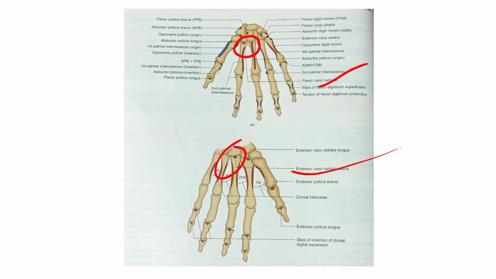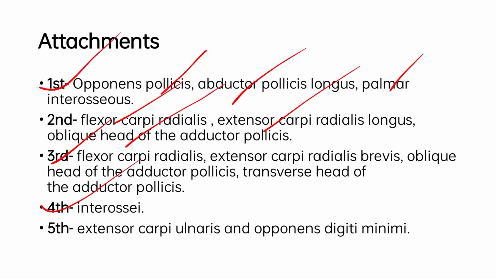The opponens digiti minimi is inserted on the medial surface of the shaft. Moving further. So these were the attachments throughout the first to fifth metacarpals.